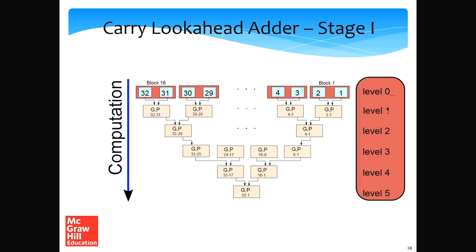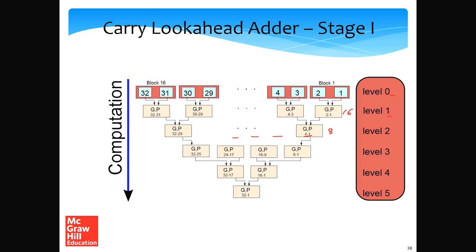So this is level 0, this is level 1. In the next level, we compute the GNP functions for a 4-bit system, for 4 bit pairs, from 1 to 4. Similarly, other groups of 4 and so on. At this point, we actually have 16 blocks. At this point we have 8 blocks.